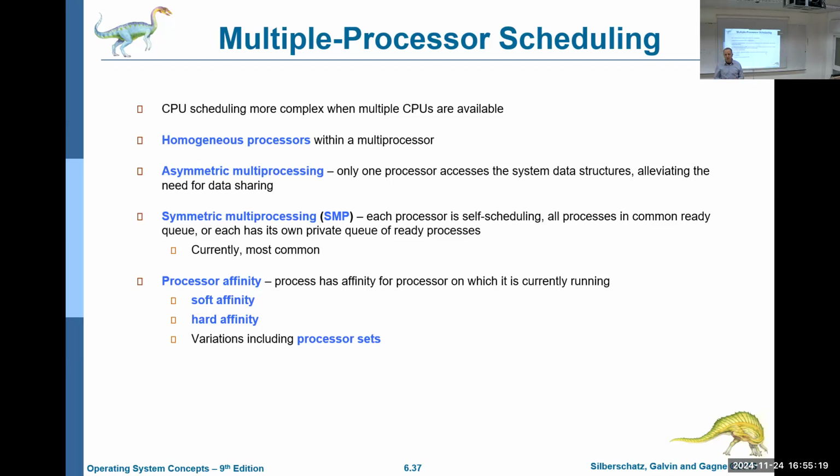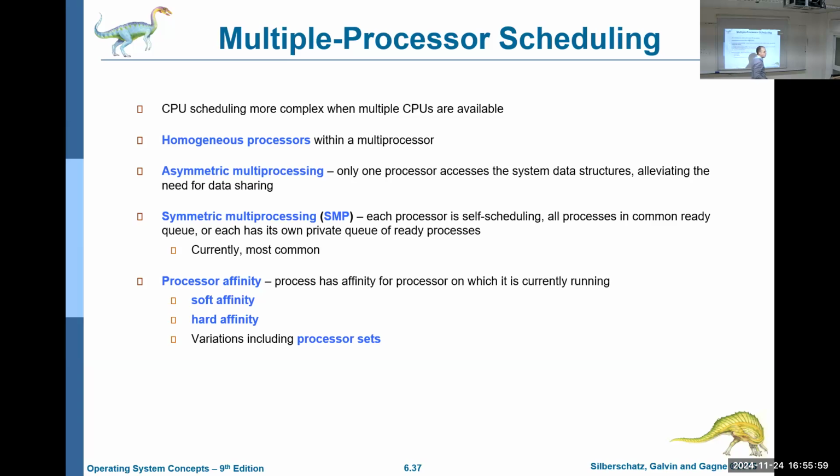The cache may still have bits of memory for another process. When a new process comes in, if its memory is there, it'll use it, and if not, it'll kick out some of the cache and bring in something it needs. But when the first process comes back, there may be information of its still there in the cache. We don't just blank it out for no reason. We leave the cache with whatever data was there, and only ad hoc, as we need new information, we remove things, but there could be some data there.